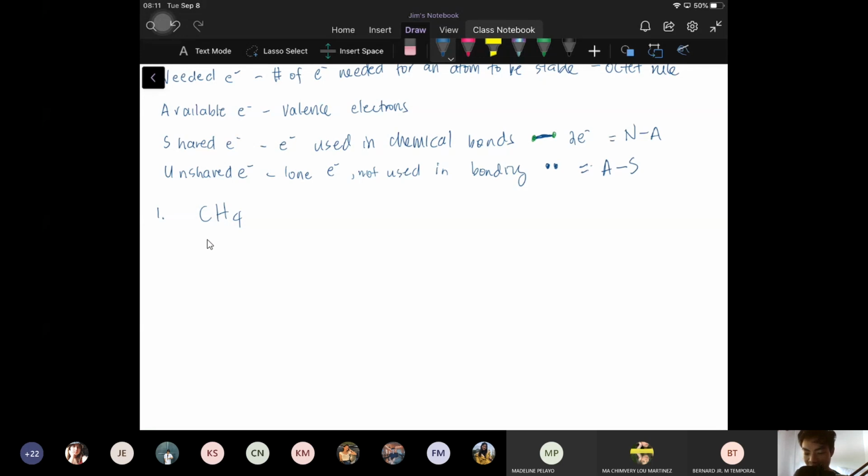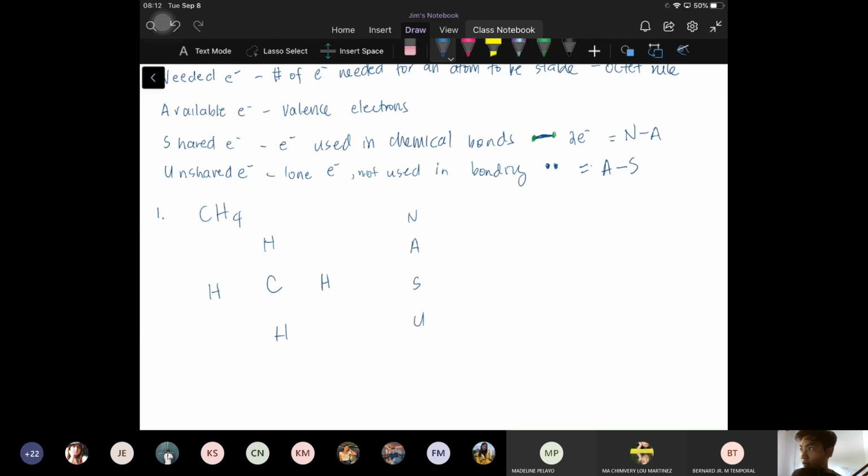So, si carbon lang pwede. So, you draw your carbon on the center and all your hydrogens will surround the carbon on the four sides. Yan. After doing that, nagawa na natin yung skeleton natin, we can proceed with the Naso Rule.